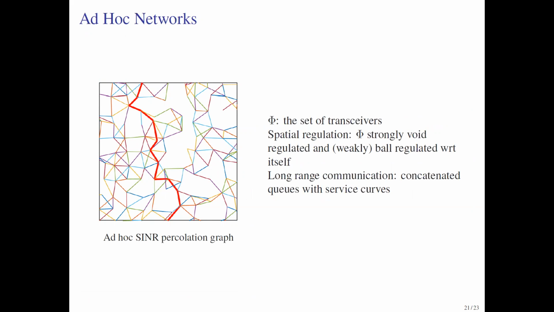Two other network architectures I'll briefly mention. First, ad hoc networks, where each transceiver tries to establish a link with some nearby transceivers, and thanks to the spatial regulation, we could prove that there always exists a path between any transceiver and another transceiver, and every link in the path has a link reliability that is lower bounded by a deterministic function.